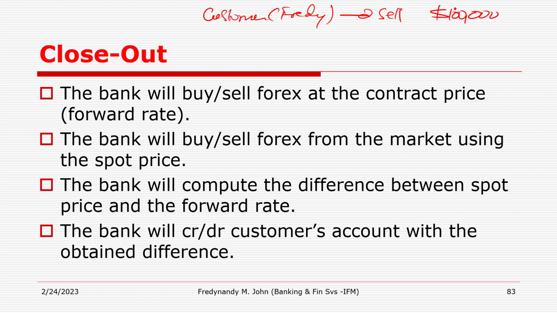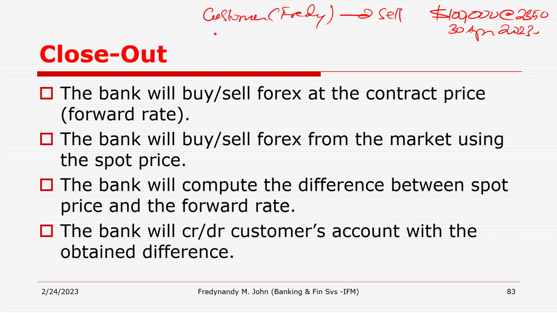We have a bank customer called Freddie who has agreed to sell the bank, let's say TCB, 100,000 USD at a price of, let's say, 2,350 per dollar. This deal will occur on the 30th of April 2023.